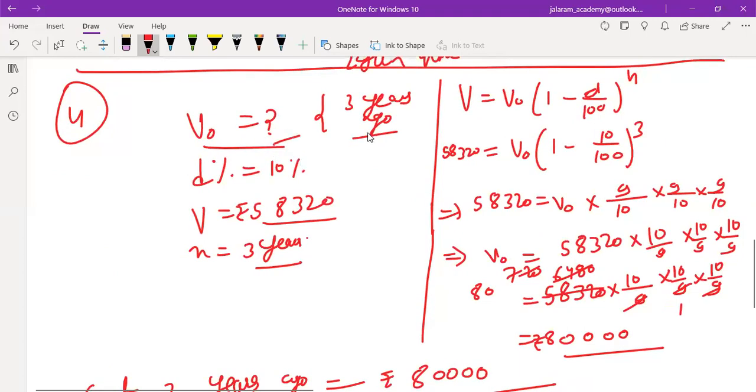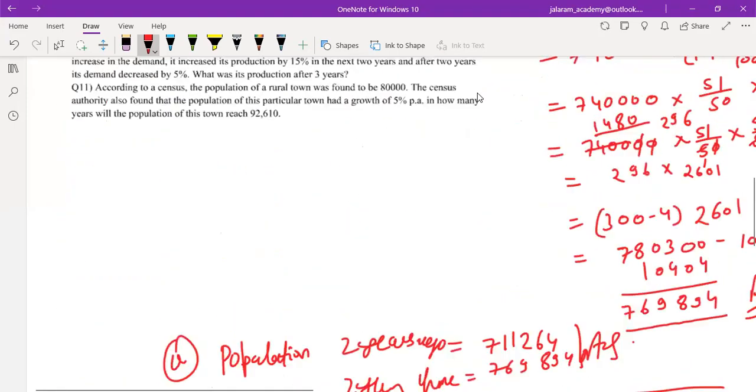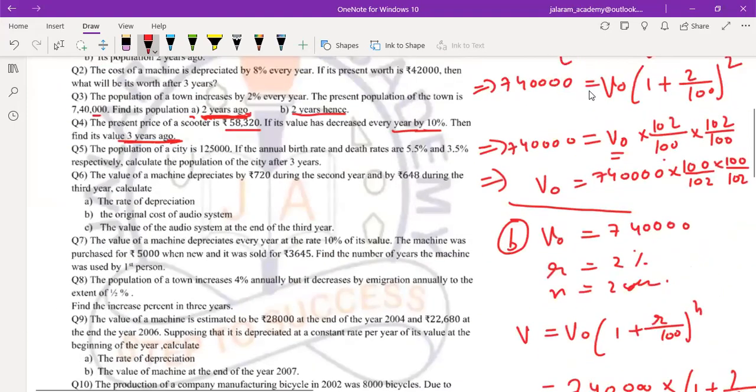Similarly, in question number 4, the same thing happens when we have to find the value of the machine 3 years ago, and the present value is given. So we take the present value as V and the value 3 years ago as V naught. This is the initial value, and 58,320 is the final value after 3 years. Similar thing is done in question number 3 also.